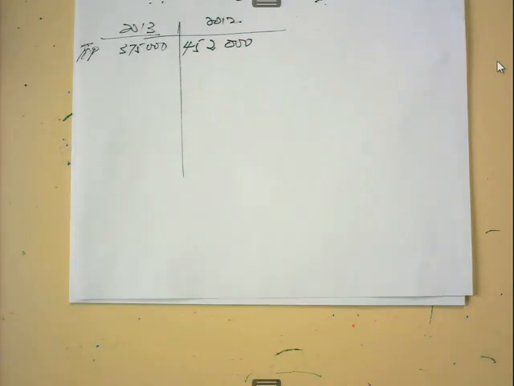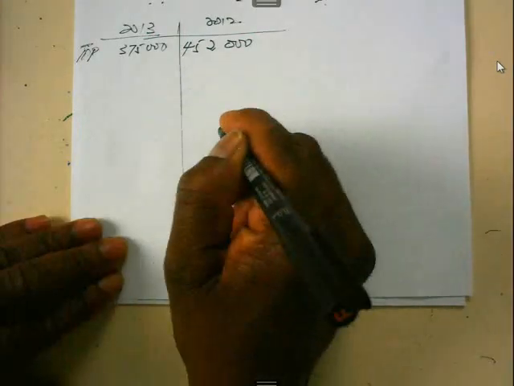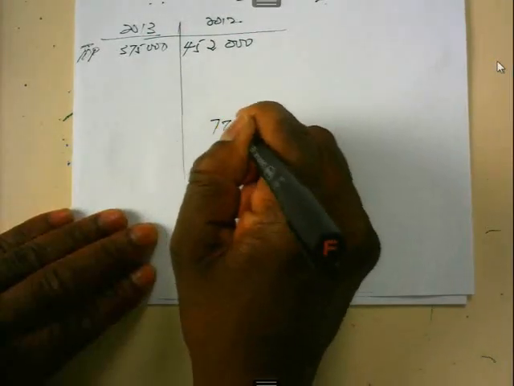Am I right? 452 minus 375, that gives us 77,000. There is a decrease from one year to another of 77,000.